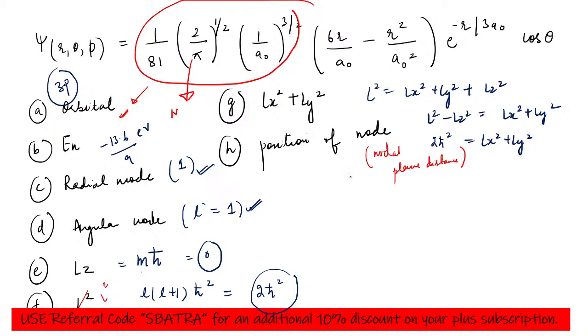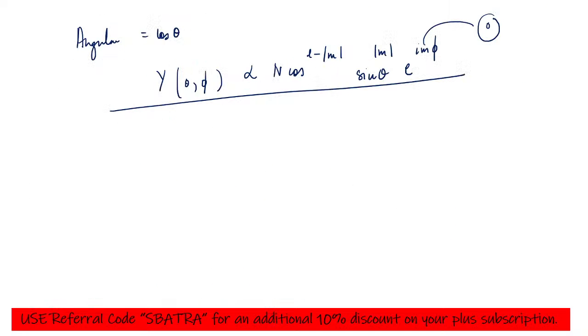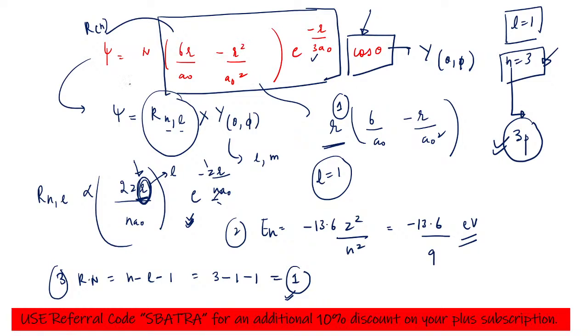Then next, we need to find out the position of the node. So what we can do for the position of the node is put the radial part equal to 0. Then only we can find the position of the node.